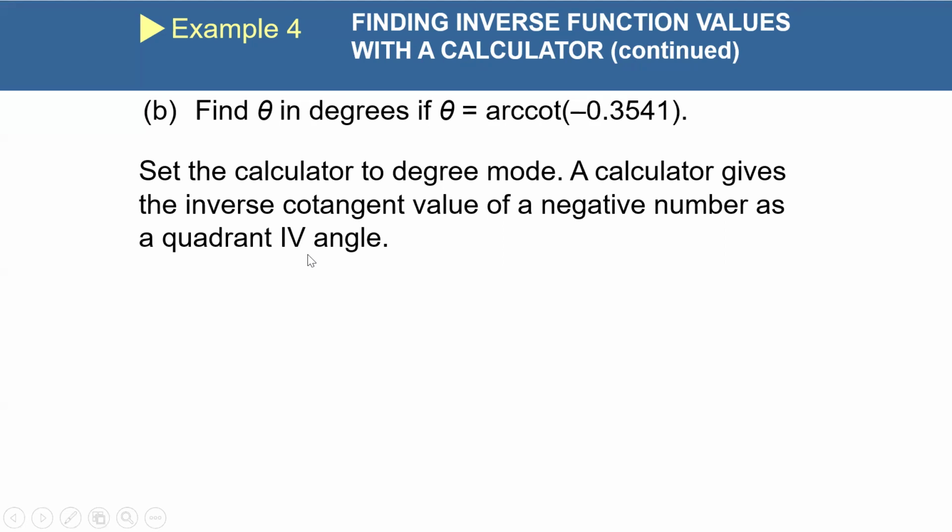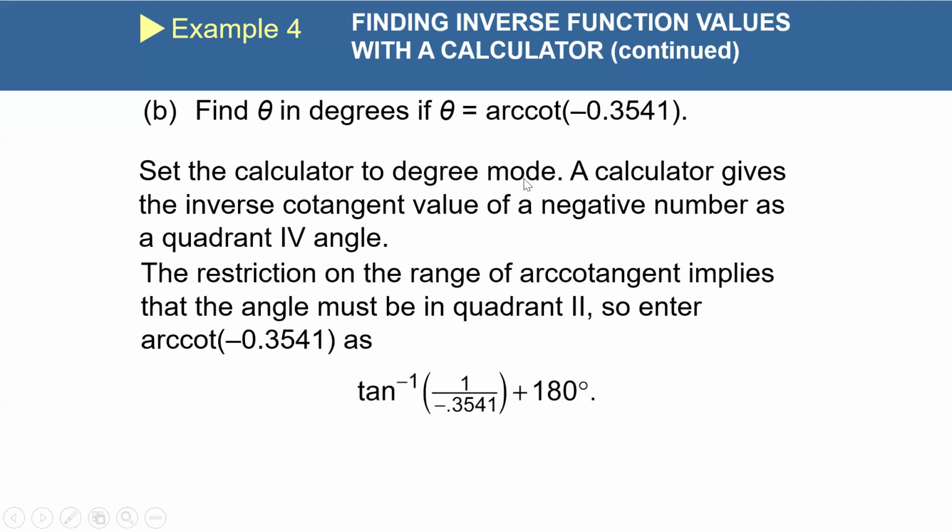A negative cotangent means a negative tangent, so to counteract that, we have to add 180. This is the angle on the other side. Anytime we're not in a quadrant we're allowed to be in, we have to counteract that. We add the 180. So for example, we know that cotangent is in quadrants 1 and 2, but I have to use tangent in the calculator to calculate that.